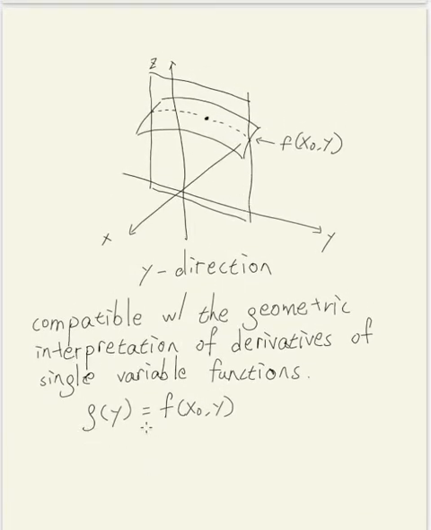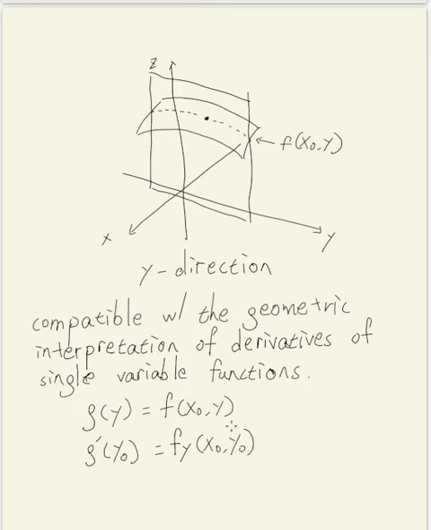Then by definition, if you scroll back to the definition that we talked about earlier, you'll realize that g prime of y naught is the partial derivative of f with respect to y evaluated at x naught, y naught.